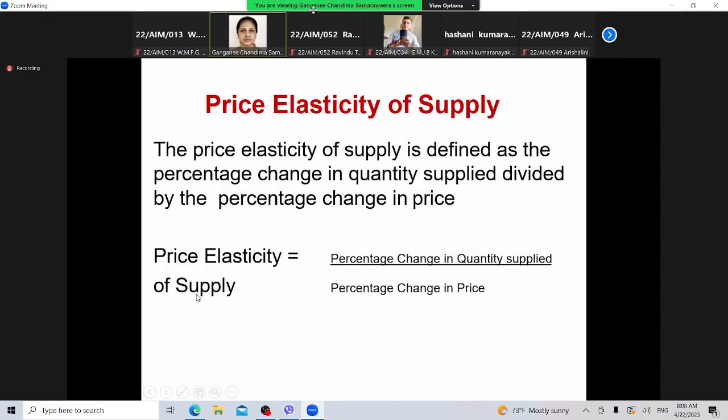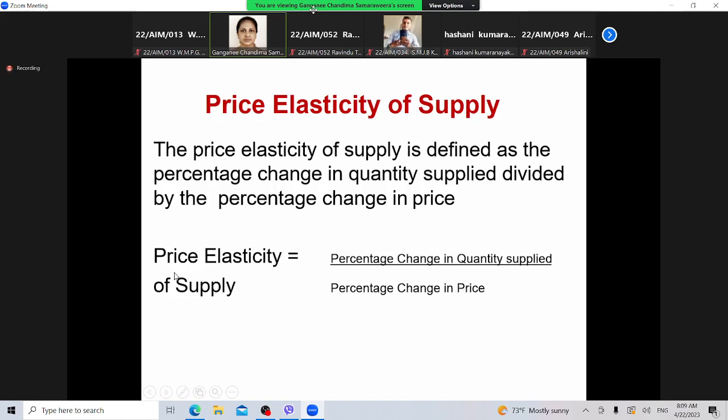Even though it is price elasticity of supply, they put percentage change in quantity demanded here. It's totally wrong, because sometimes students just parrot what they practiced. Then you may get it wrong. So if it is supply, supply should be there. If it is price elasticity, the price should be there.